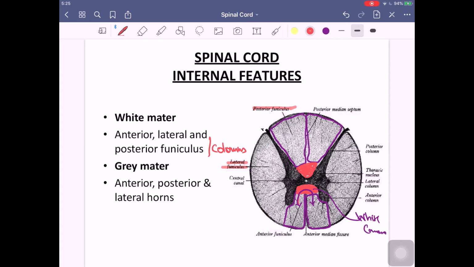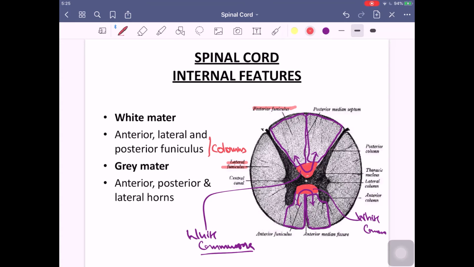This is also a commissure, and through this one side of the white matter communicates with the other side. Commissure means whenever it is crossing. So the fibers from one side can cross to the other side via this.